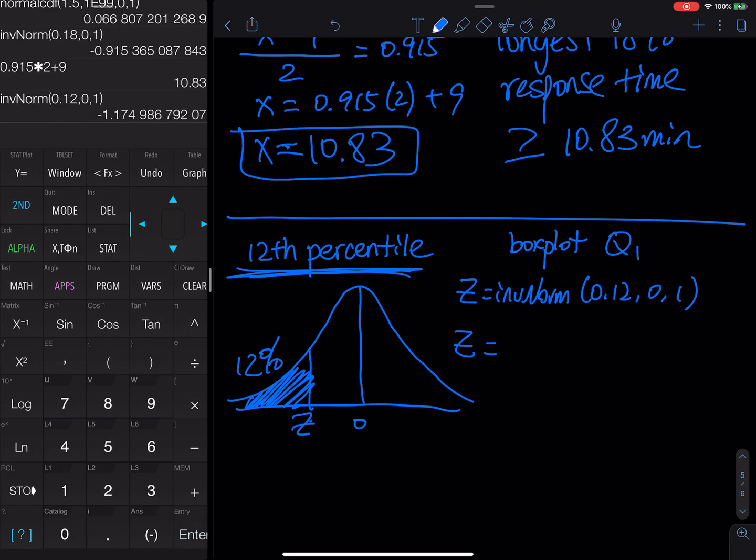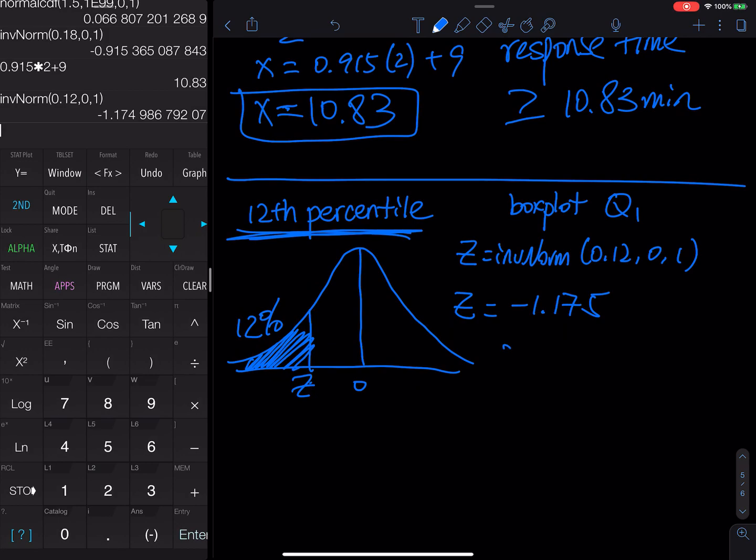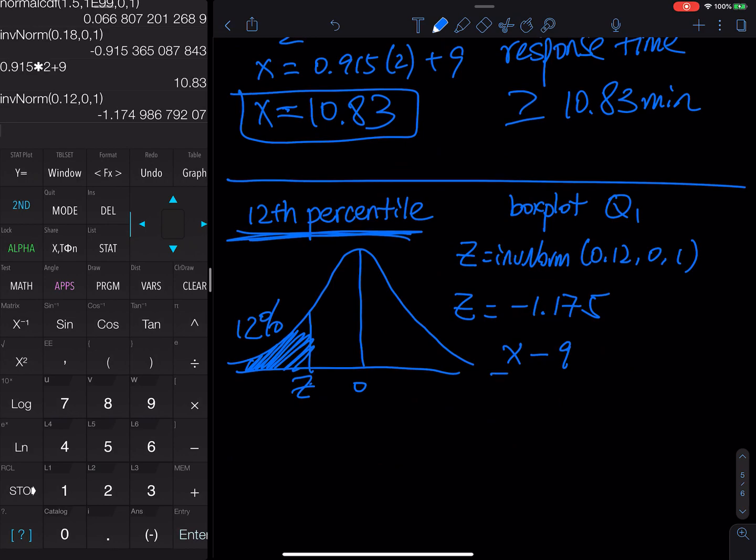We press enter, negative 1.175. Of course, that is only a standardized value. So the actual value is x minus the mean, which is 9, divided by 2 equals negative 1.175.